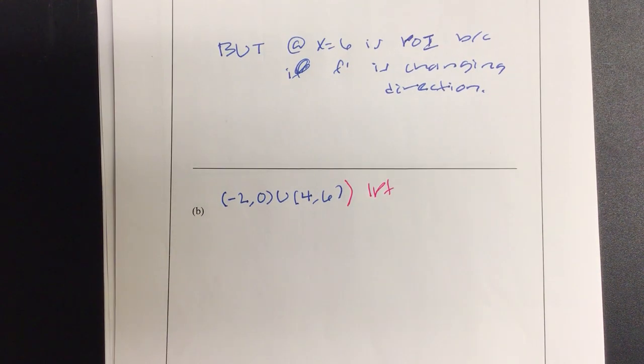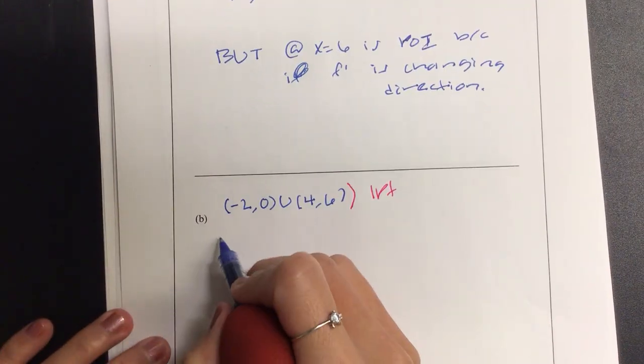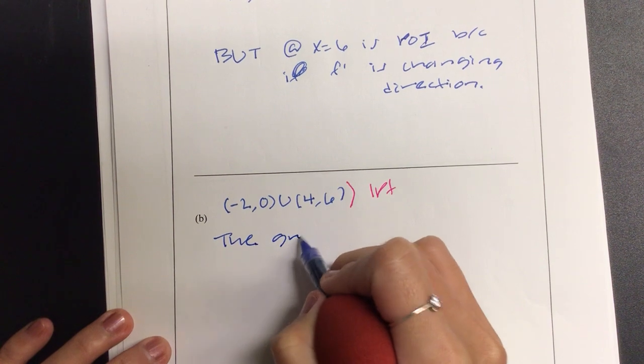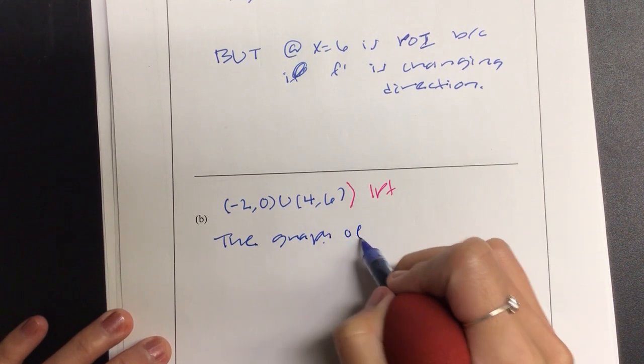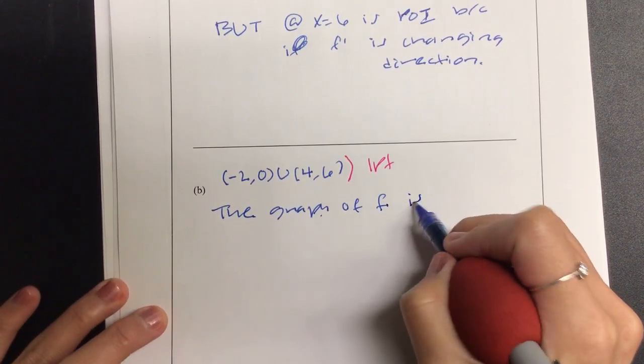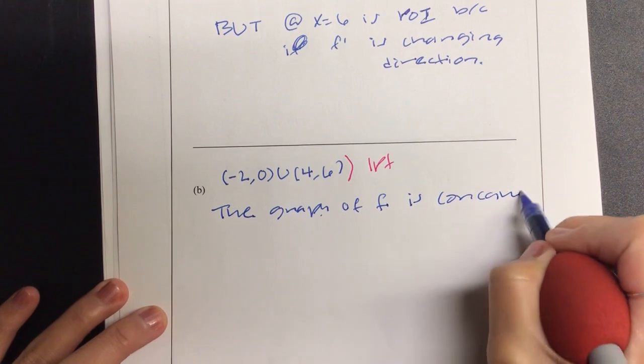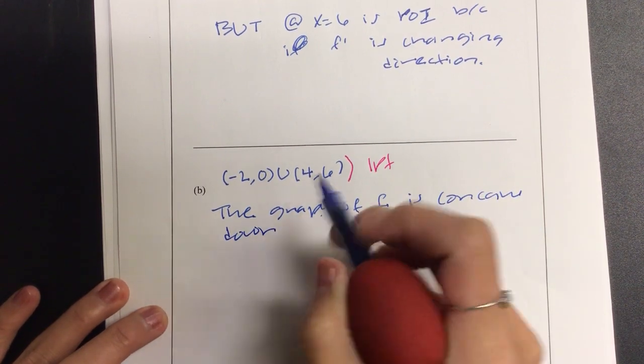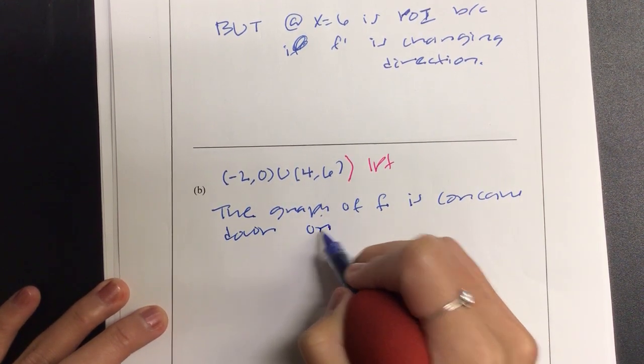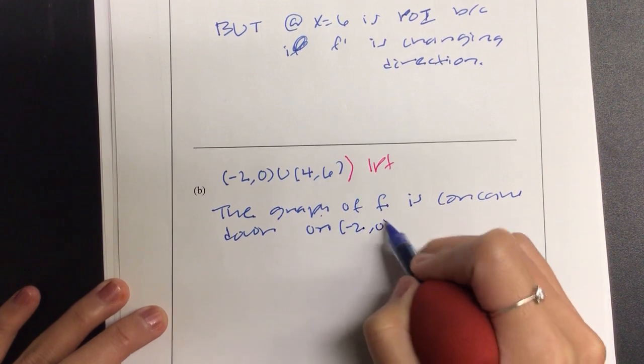And then I'm going to use my sentence stem from what they have. I'm going to use the words concave down. Okay, so the graph of f is concave down on the interval. Repeat it again, it's not going to hurt you.